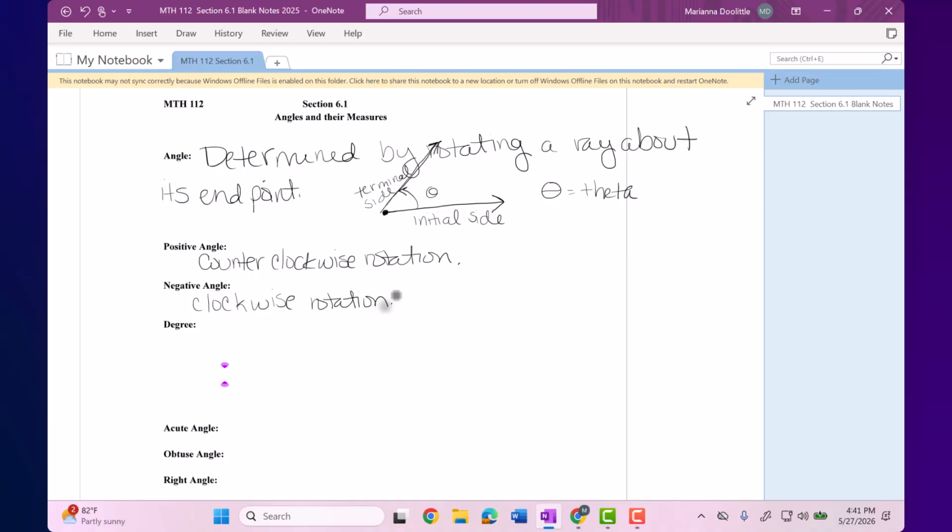From that, we have our first way we're going to measure these angles, and that is with degrees, what you are probably most familiar with. Well, if we're looking at 1 degree, our unit of measurement there, 1 degree is formed by still doing that rotation of that ray, rotating that initial side of your ray.